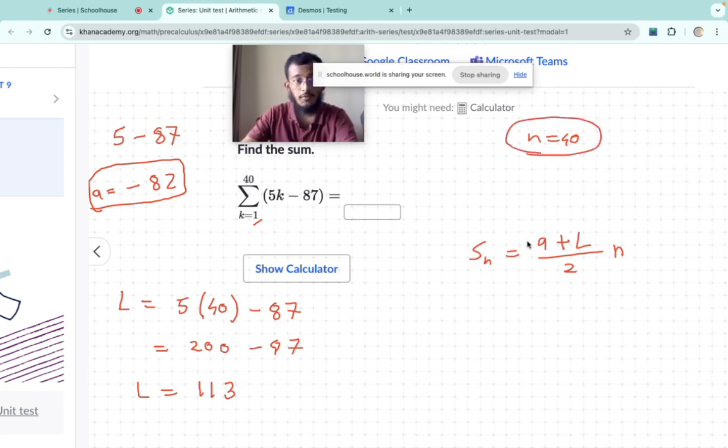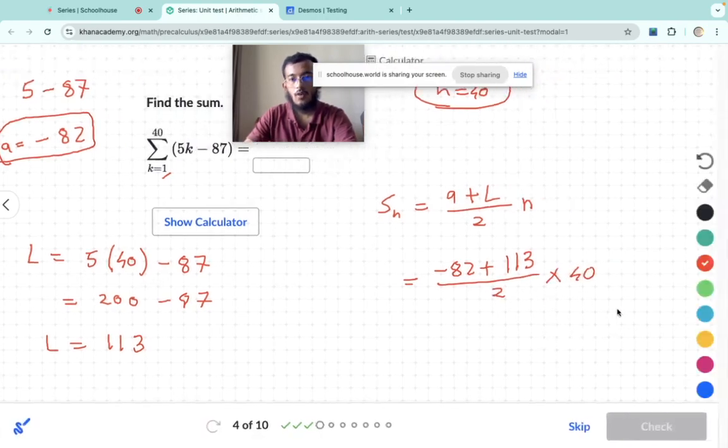We know the first term and the last term, so we can plug them in: negative 82 plus 113, divided by 2, multiplied by 40. So 113 minus 82 will be 31.